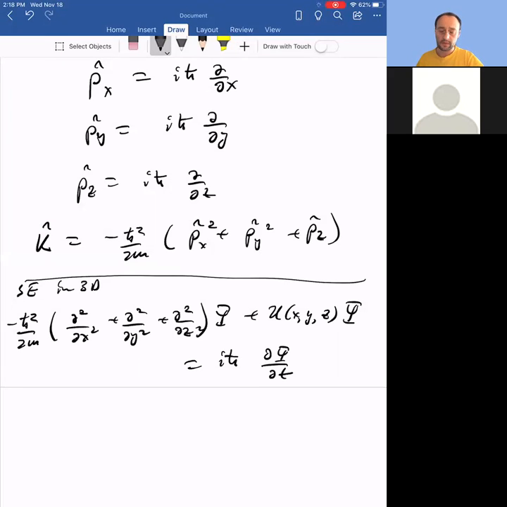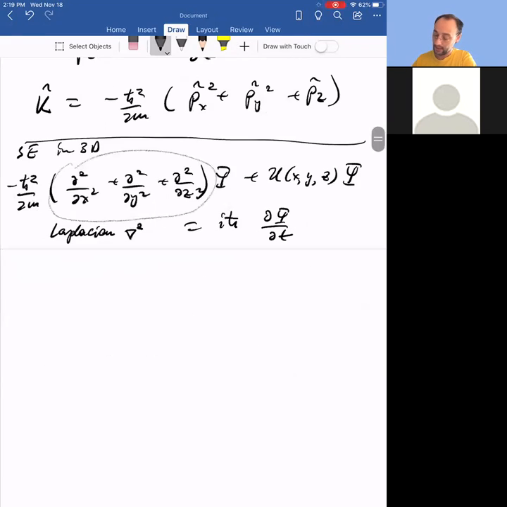This is pretty cumbersome. This might look pretty scary. So for this thing right here, there's a shorthand notation. It's called the Laplacian, and it has this funny mathematical symbol. Those of you who took Calc 4, you know what it is. It's just a shorthand.